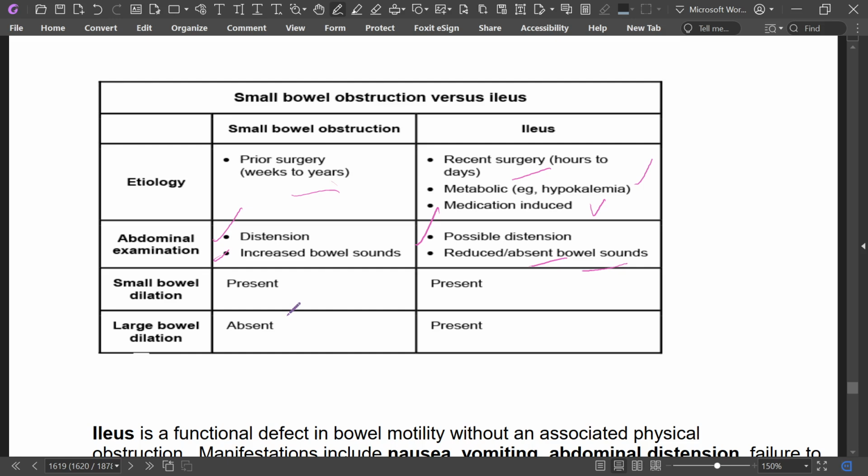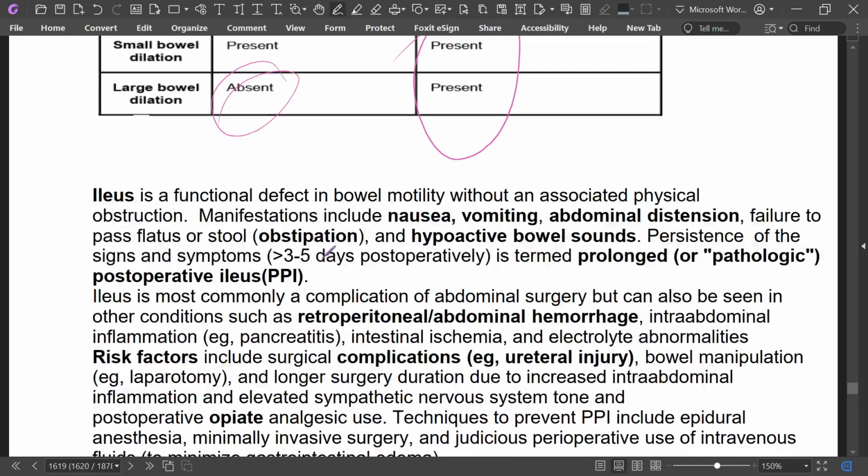In small bowel obstruction, the small bowel is dilated. In ileus also the small bowel is dilated, but in ileus the large bowel is also dilated. But in small bowel obstruction, it's very simple: the large bowel is not dilated.